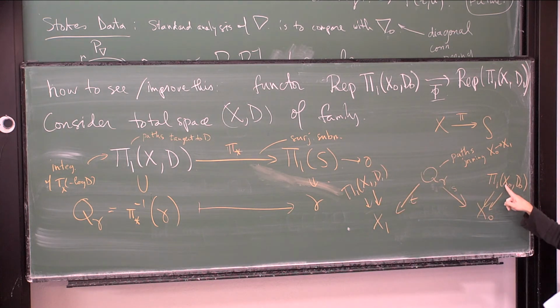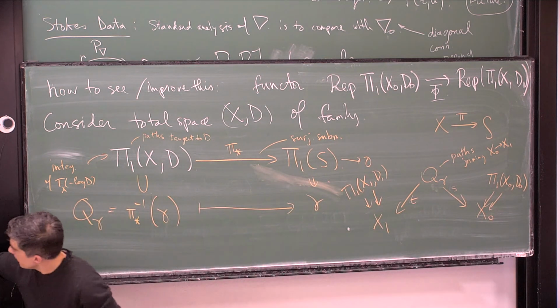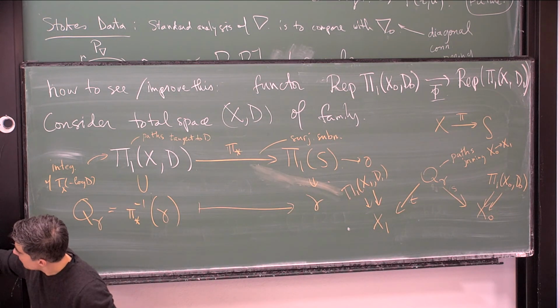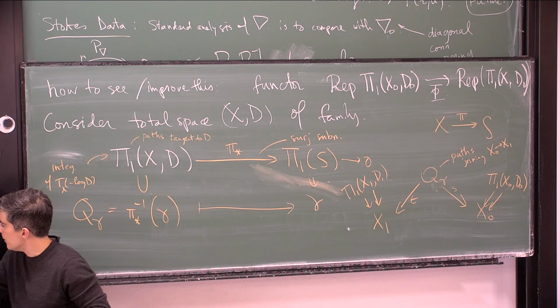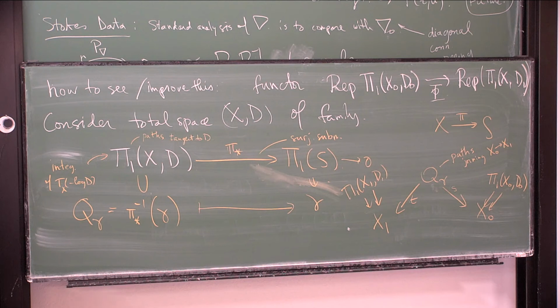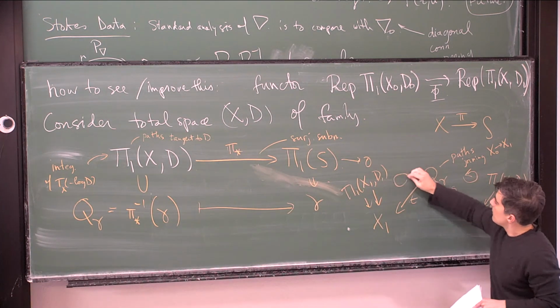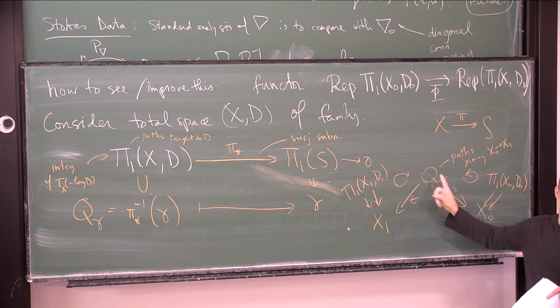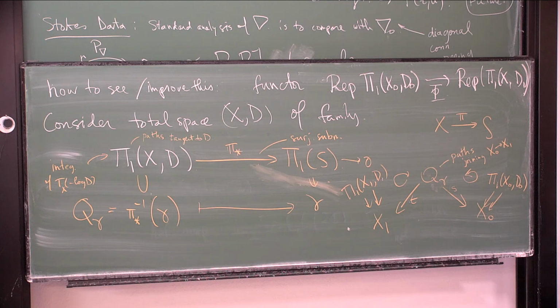And of course, if I have a path in here, I can take one of these paths and compose with this, or on the other side. So that means that these groupoids act. This groupoid acts on this space by composition, pre and post composition.